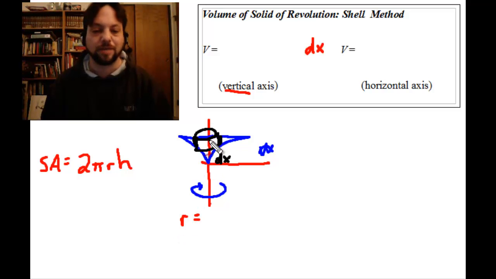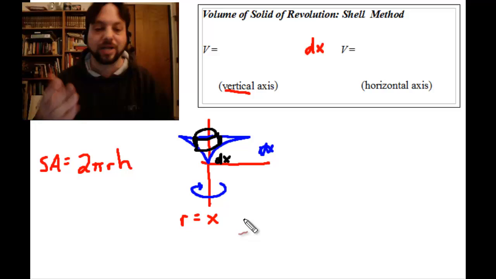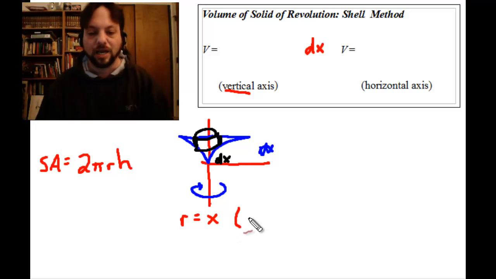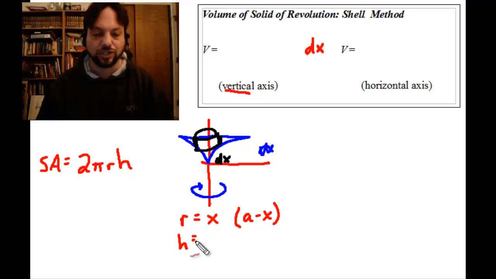Now, in this particular example, because I'm spinning it around the y-axis, which is x equals 0, my radius here would simply be x. But to generalize, it would generally be a minus x, where a is the axis of revolution. Now, the height is just going to be the function.